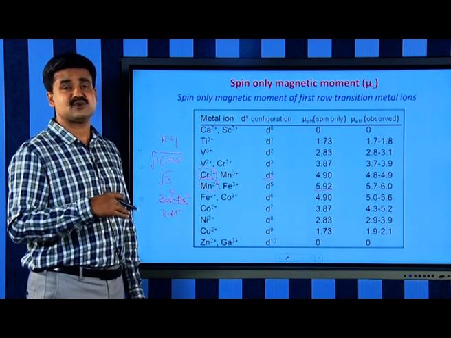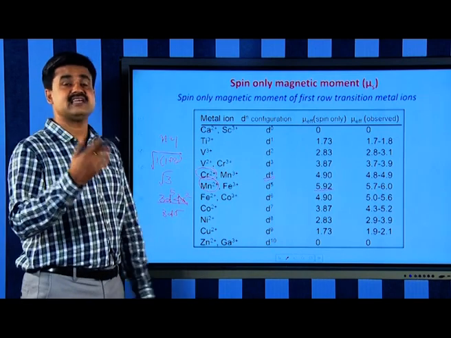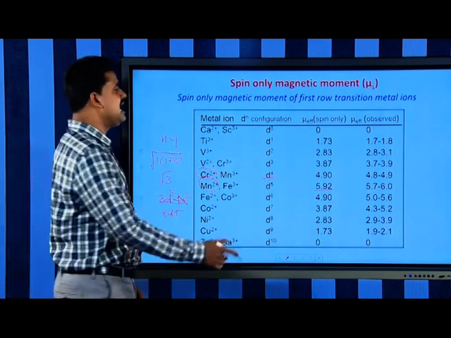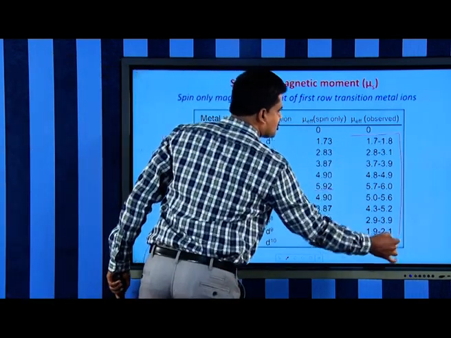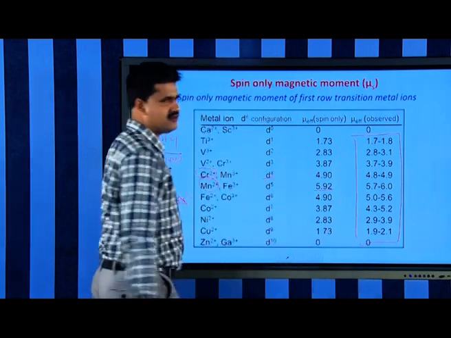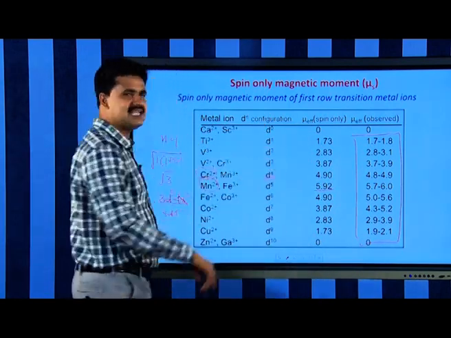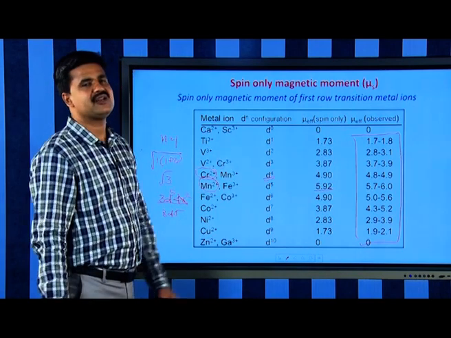Several advanced technologies are also available to measure the exact magnetic moment values of transition metal ions. These results show the experimental or observed values, and the observed values are in very close agreement with the calculated spin only values.